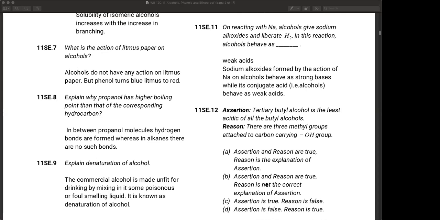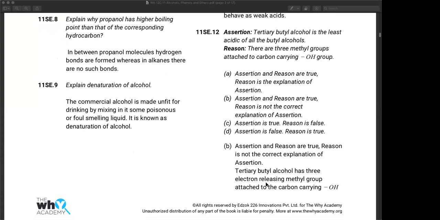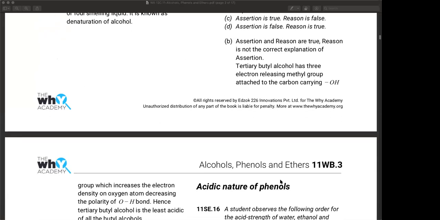Again, there are 3 methyl groups attached to carbon carrying the alcohol group, hydroxyl group. Yeah, so it's like an indirect reason. A direct reason is that the three methyl groups are electron releasing. So because of the electron releasing nature, it decreases the polarity.